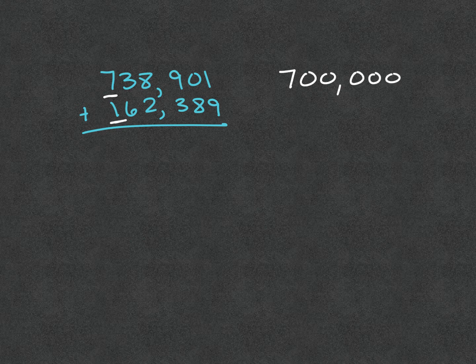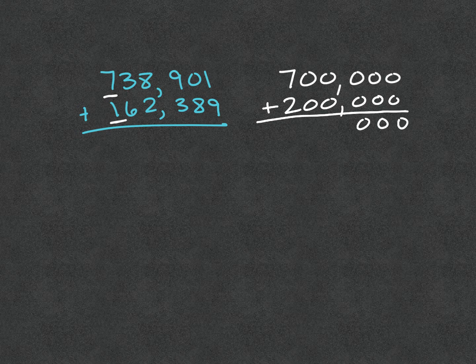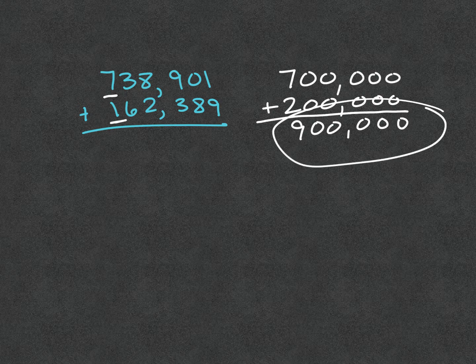Then we do the same here. Look at his neighbor, it's a 6. 6 is an up number, so it says go up. So the 1 goes up to a 2. And if I add those together, I could add those in my head pretty fast. That's 900,000. Our final answer should be somewhere in that range.